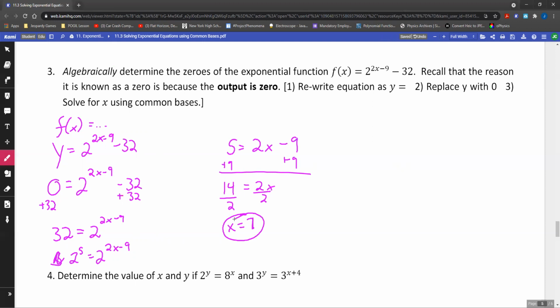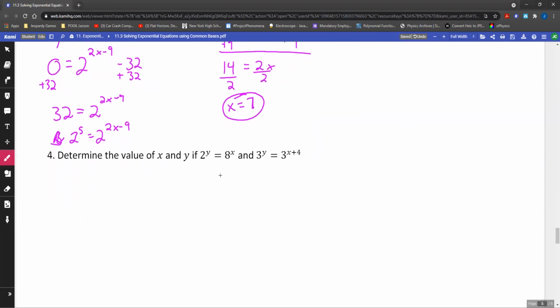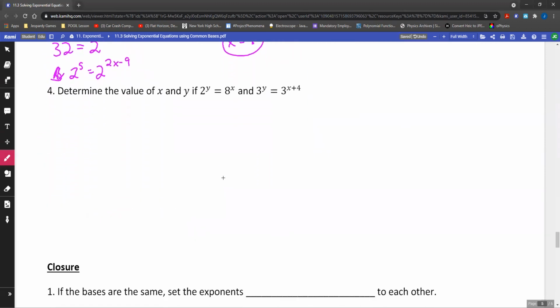And like I said, we can always double check to make sure this makes sense. And the very last question here. They want us to figure out the values of x and y based off of these statements.